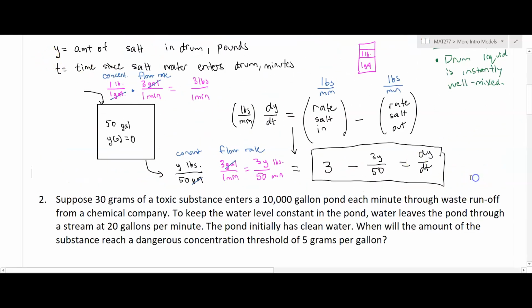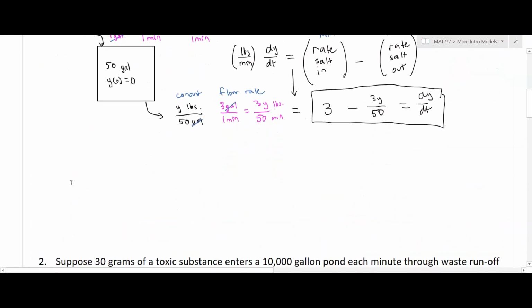And in order to do that, we're going to use our technique of separation of variables, because we see that this depends on y and not on t, and we can write it as a product of some function of t and some function of y. So what I'll do is I'll say dy/dt equals 3 minus, I'll just write this as 3/50ths y, to make it a little bit easier to work with, and I'll multiply this by 1.